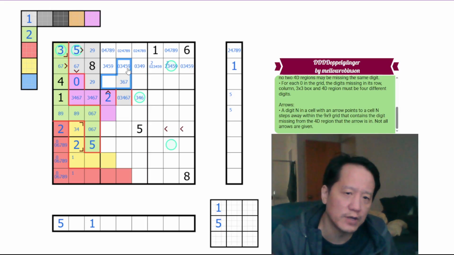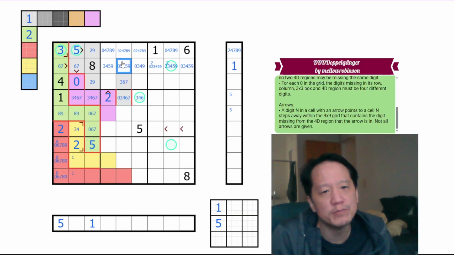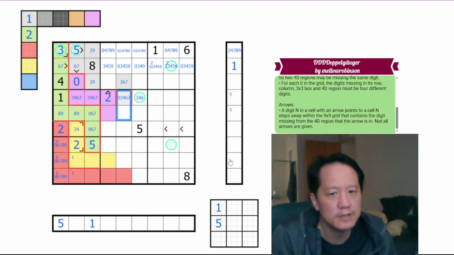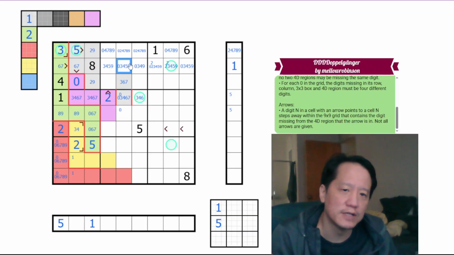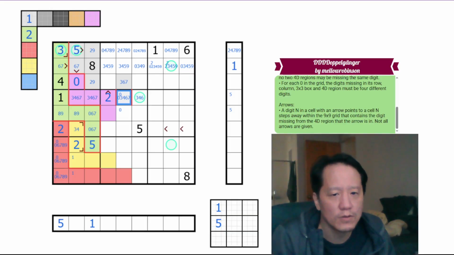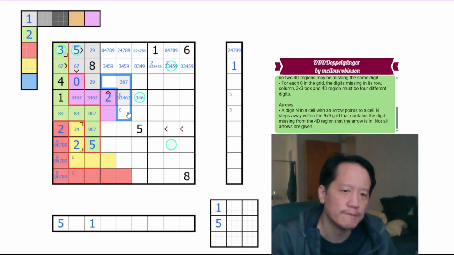It could be that way, but it would be 0 here, and that would be missing 0 in light and a 0 in row 2. Or sorry, it'd be missing as 1 in row 2. So that's not possible. So 0 in the light region has to be one of these 2 cells. So that eliminates 0 from the rest of the column. And we're missing a 1 in that for that 0. We don't know which one it is. It could, again, be 1, 2, 3, 4, right, as the light region.